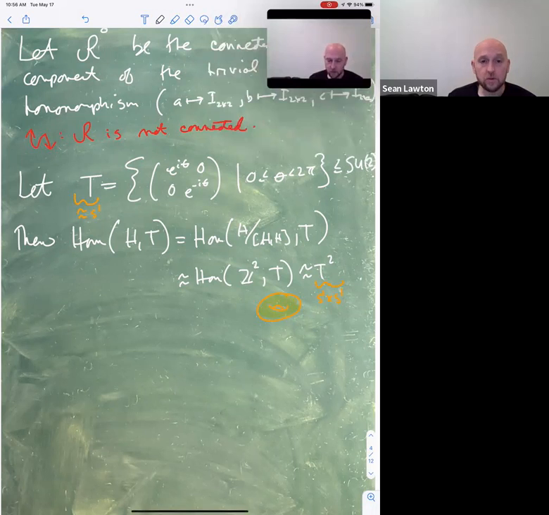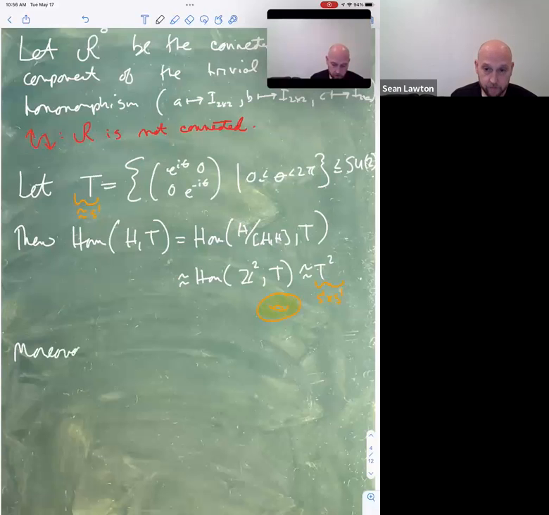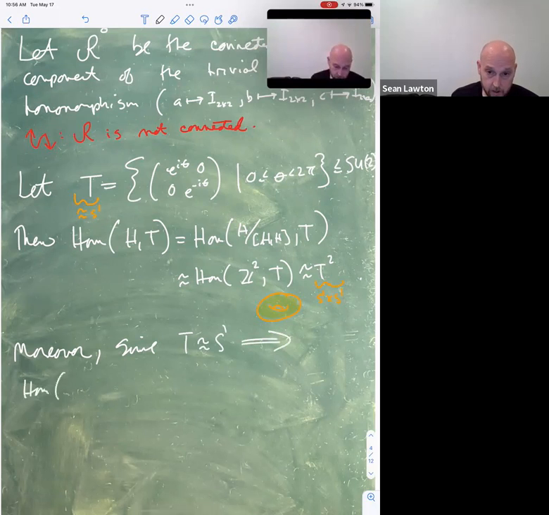Okay, so moreover, since T is S1, we already said that. That implies that HT is a subset of the identity component. Why?